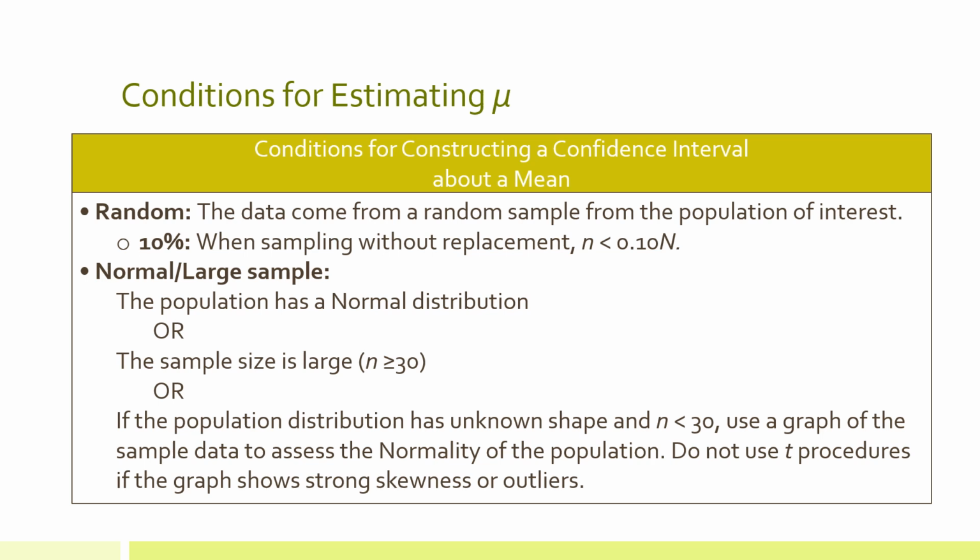If the population distribution has an unknown shape, and the sample size is less than 30, so I don't get that first check or that second check, I can use a graph of the sample data to assess the normality of the population. I'm going to explain this further in a little bit. We do not use t-procedures if the graph shows a strong skew or any outliers.